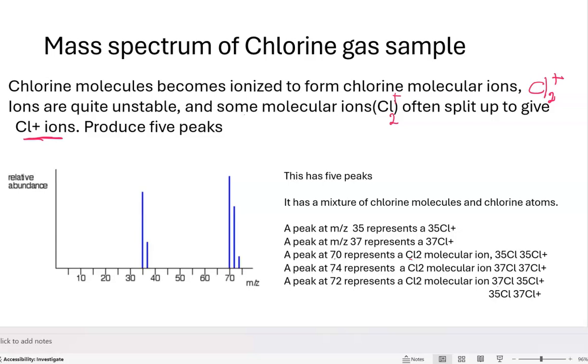A peak at mass to charge ratio 35 represents chlorine 35 plus ion.